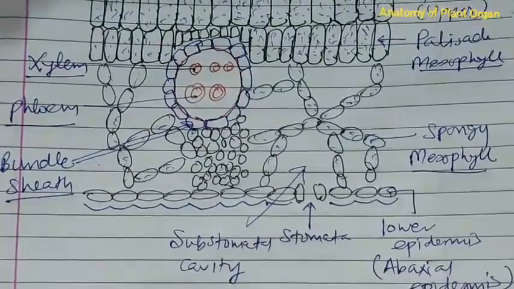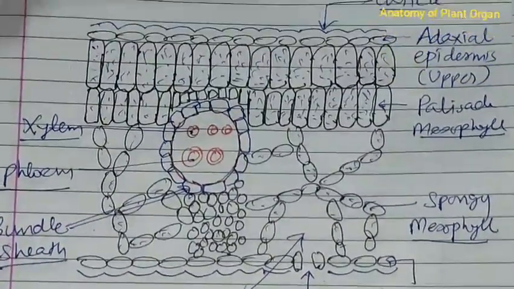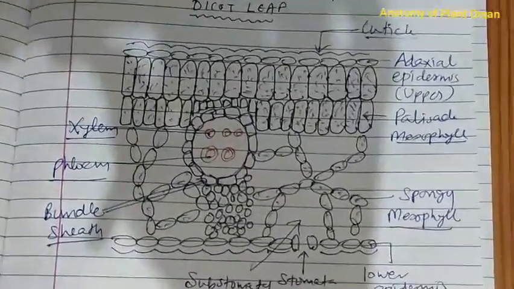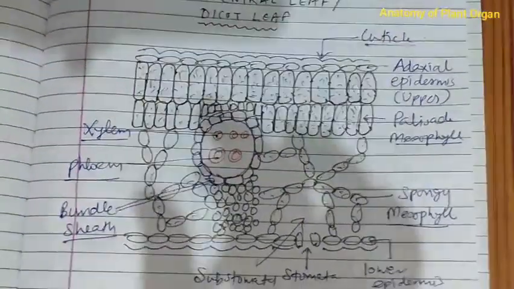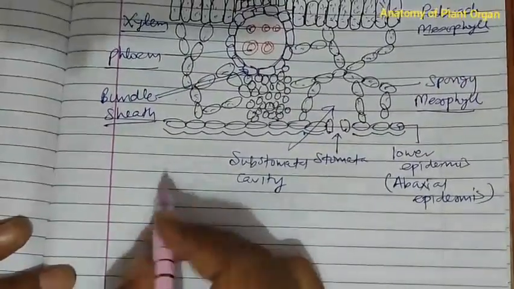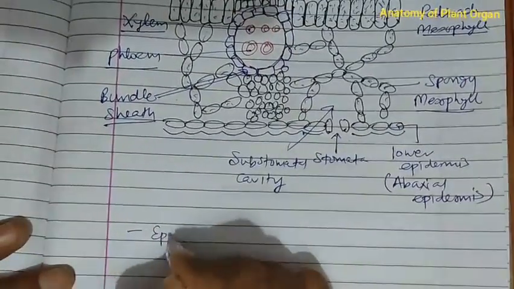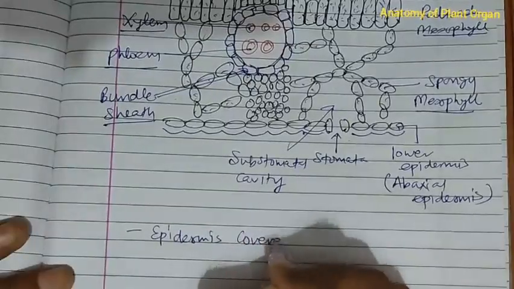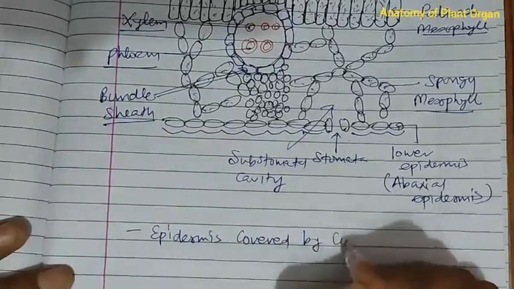So here what we understand from this anatomy of the particularly dicot leaf. We understand this anatomy of dicot leaf, and we get to know that epidermis is covered by cuticle.